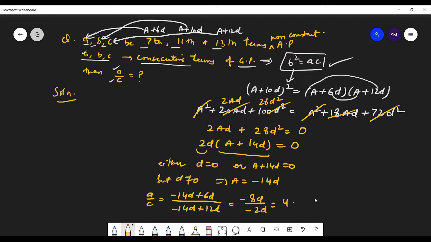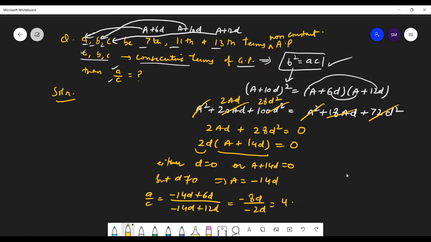That's good. So students, you are getting comfortable with these questions, good quality questions. This question was also from JEE Mains, 2019.